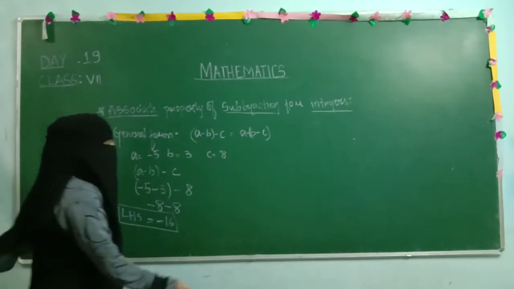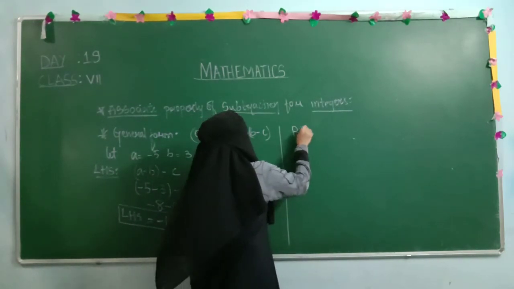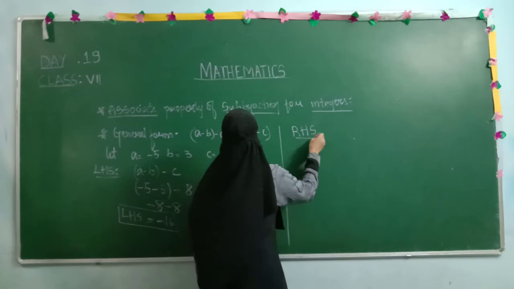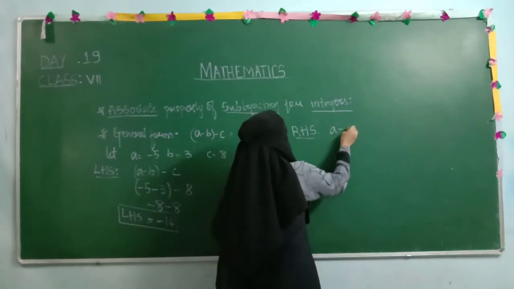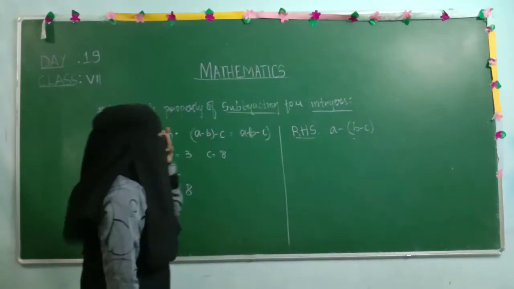Now we need to verify the RHS. Right hand side condition, a minus of b minus c. This is the condition we have written.